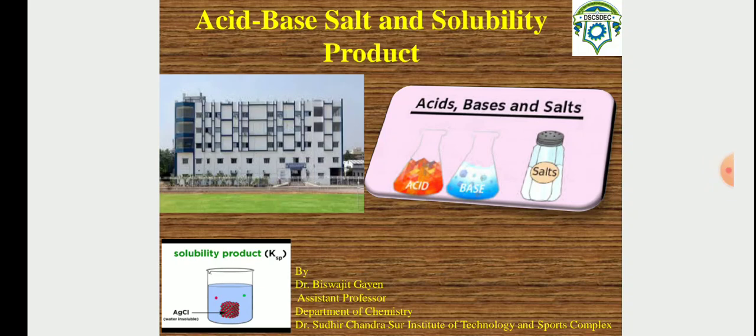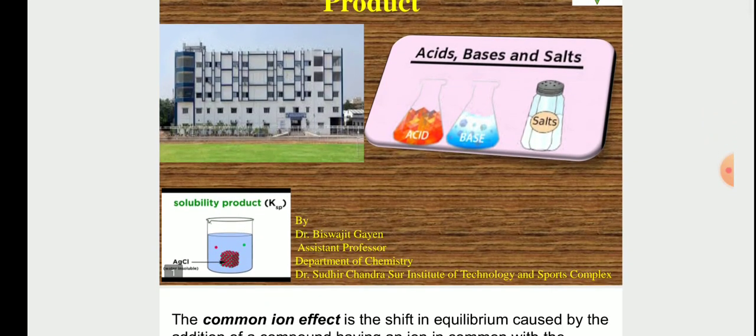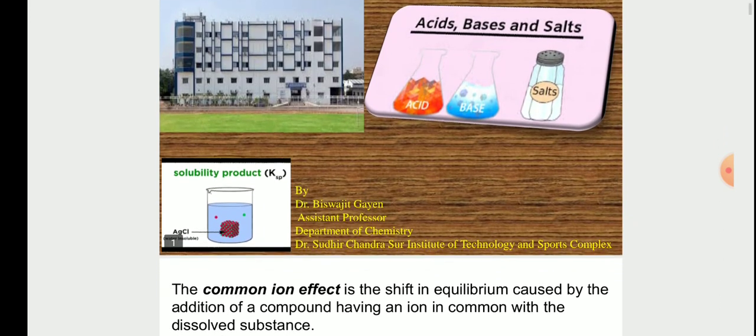These are very well known. And salt: when an acid and a base react, two things are formed, one is salt and the other is water. So we can define that in an acid-base reaction, the product formed other than water is called salt.